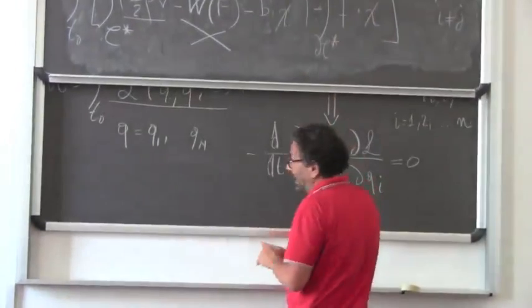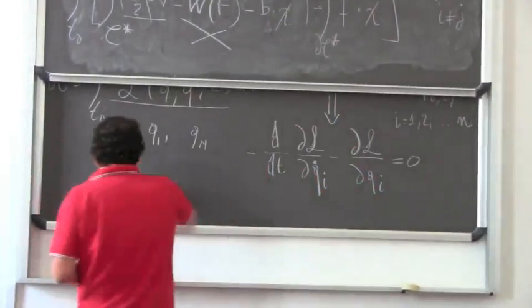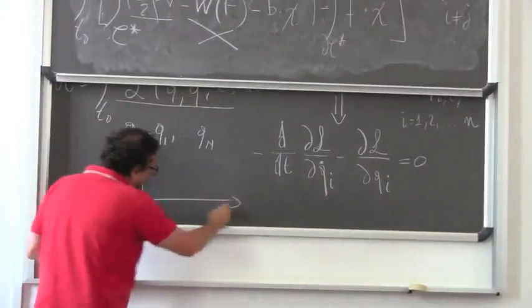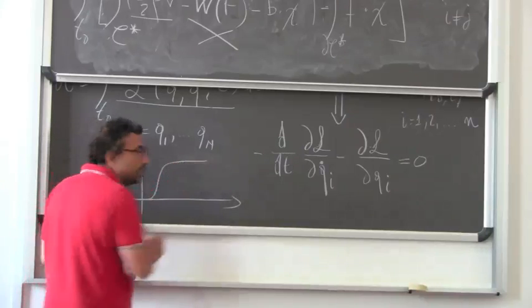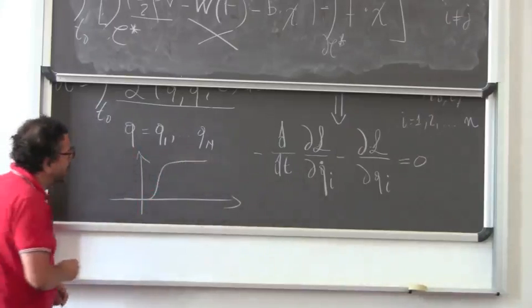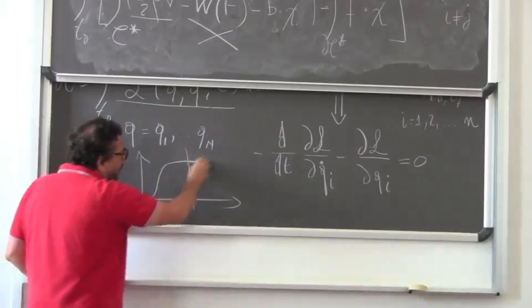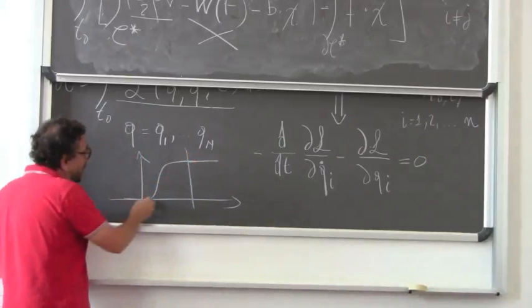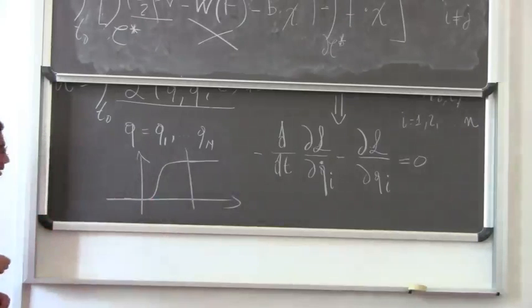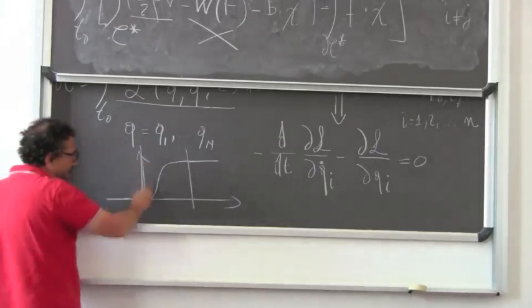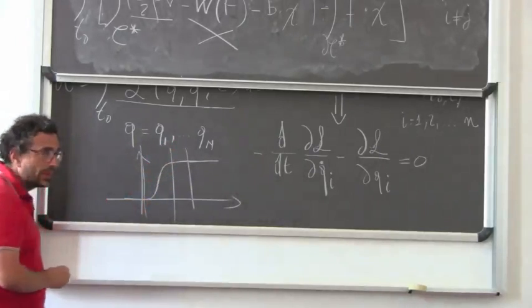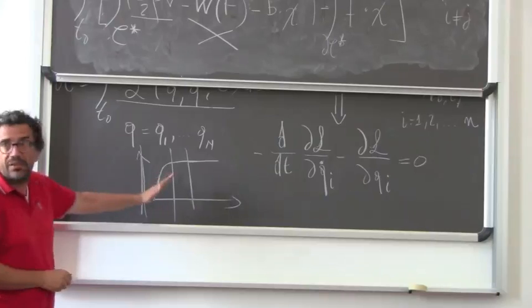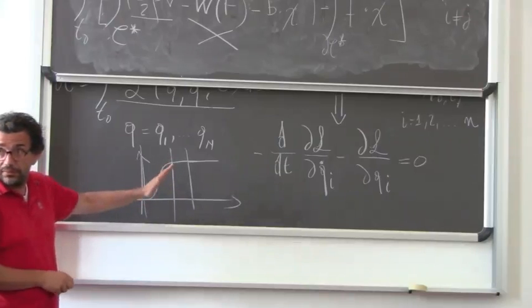So let's talk about this a little bit. If I have this function, which is perfectly smooth, here the derivative is 0. Here the derivative is nearly 0. However, here the derivative is very large, but this derivative is finite.